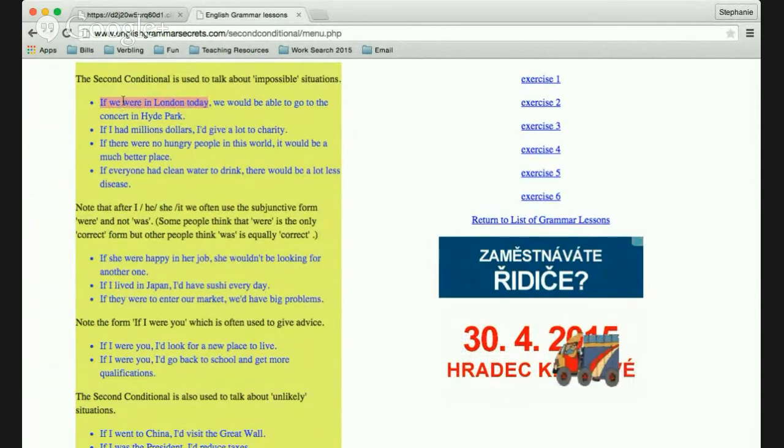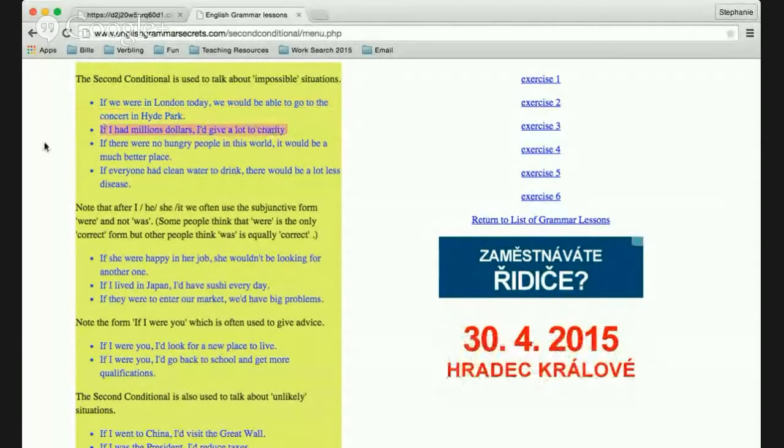Here's our if clause. And notice that it's in the past tense. It is in the simple past tense. And then the main clause uses the conditional modal would with the base form of the verb. So we would be able to go to the concert in Hyde Park.